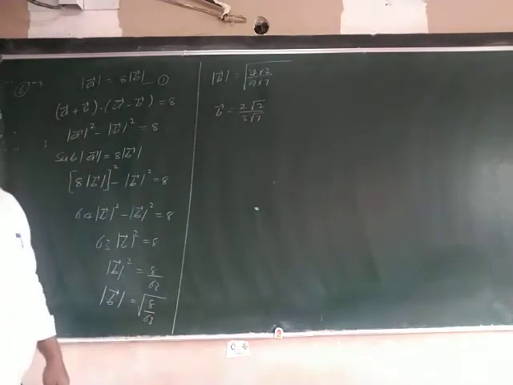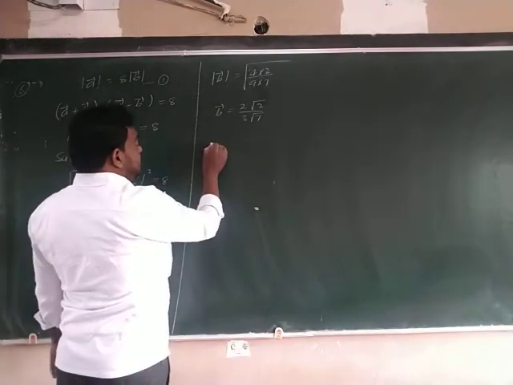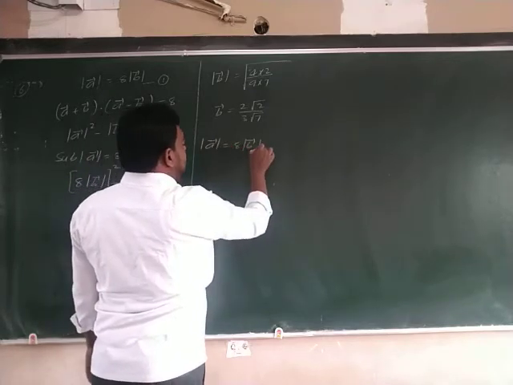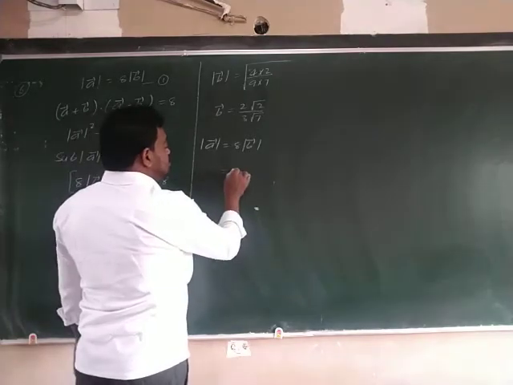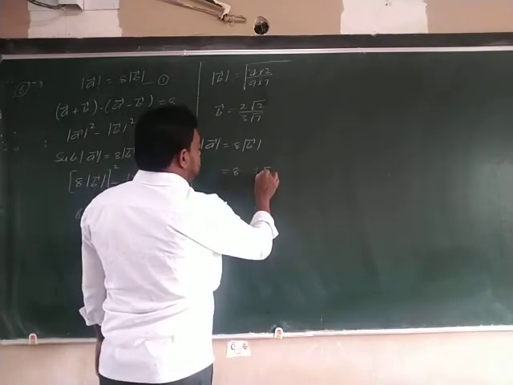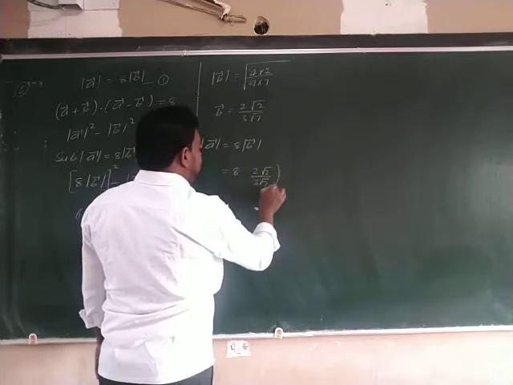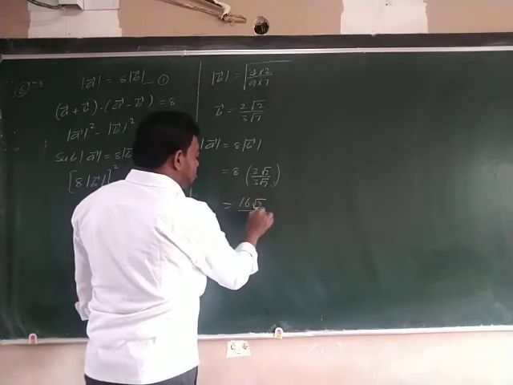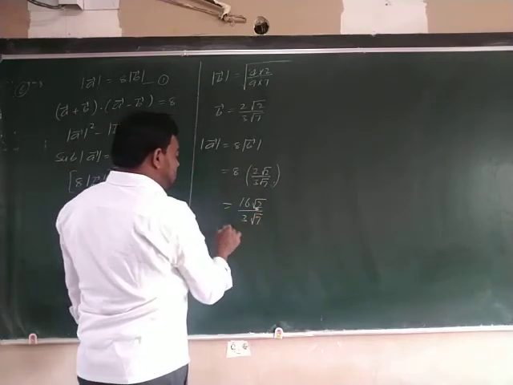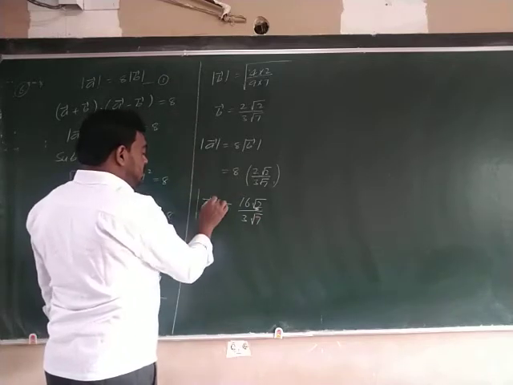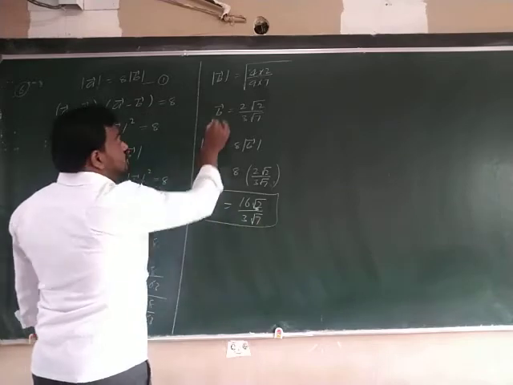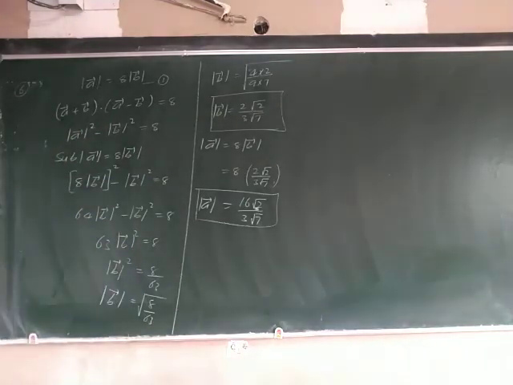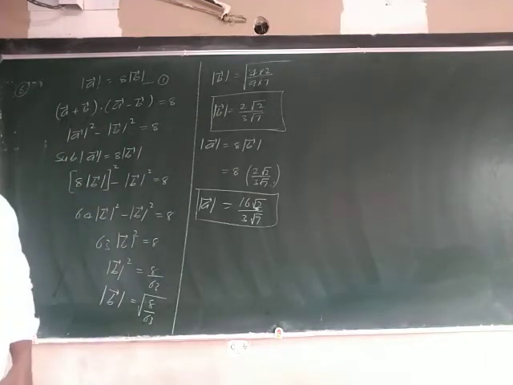This is the magnitude of vector B. Now the magnitude of vector A is equal to 8 times the magnitude of vector B. So 8 into 2 root 2 by 3 root 7. 8 2s are 16 root 2 by 3 root 7 is the magnitude of vector A. So these are the magnitudes of vector A and vector B.